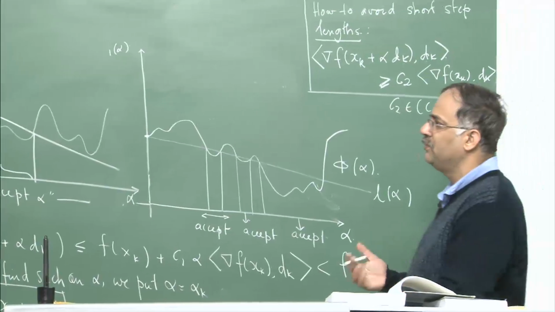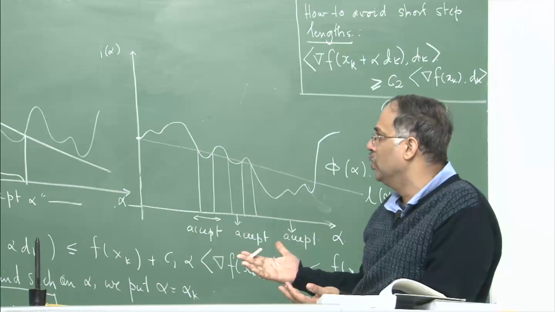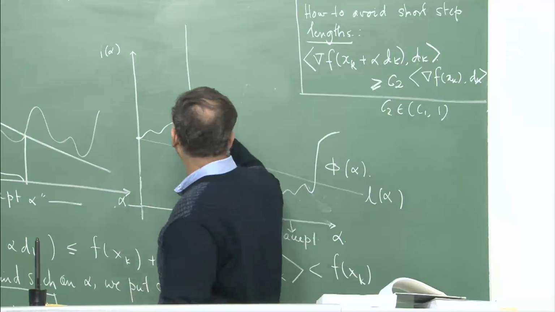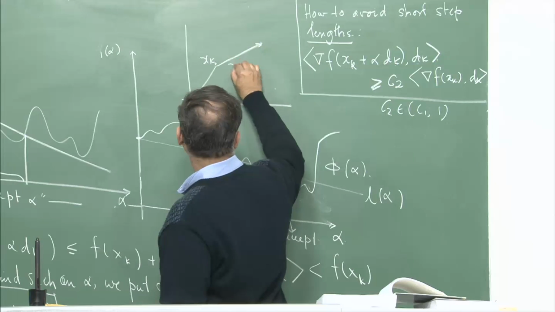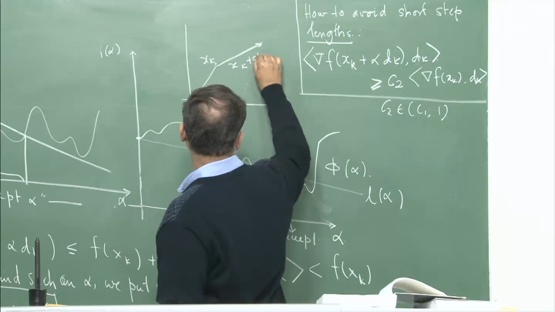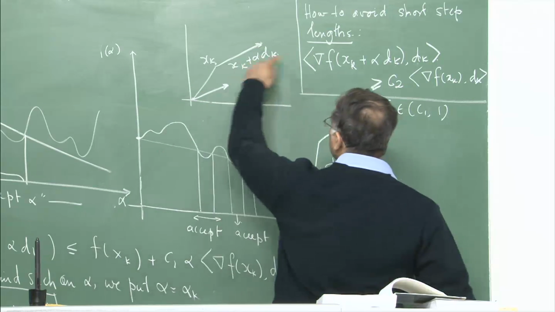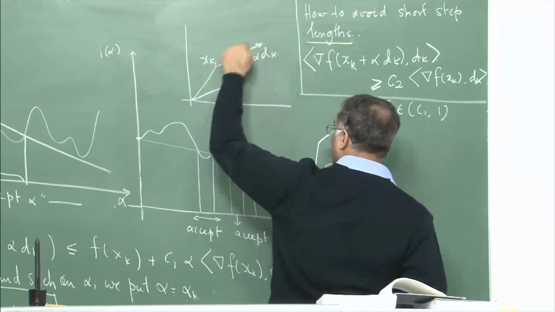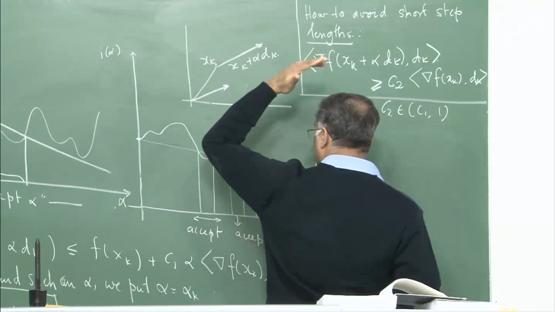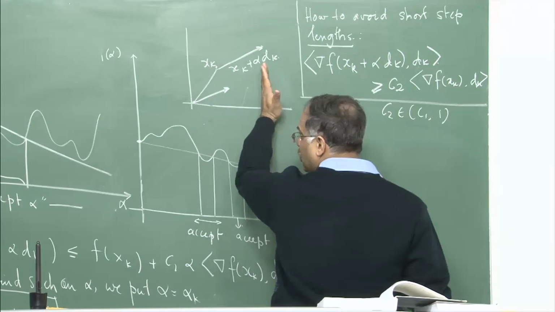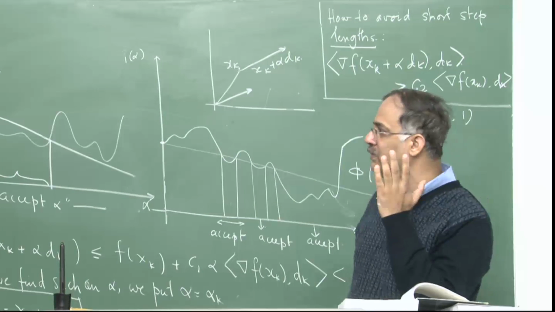I will show that under a very mild condition, which is assuming that f is bounded below on this line, that is, if you take xk and here is your ray xk plus alpha dk, where dk is the direction of descent, then if f is bounded below along this ray, you are always sure to find an alpha which will satisfy the Wolfe condition or the strong Wolfe condition. This is a very important result.